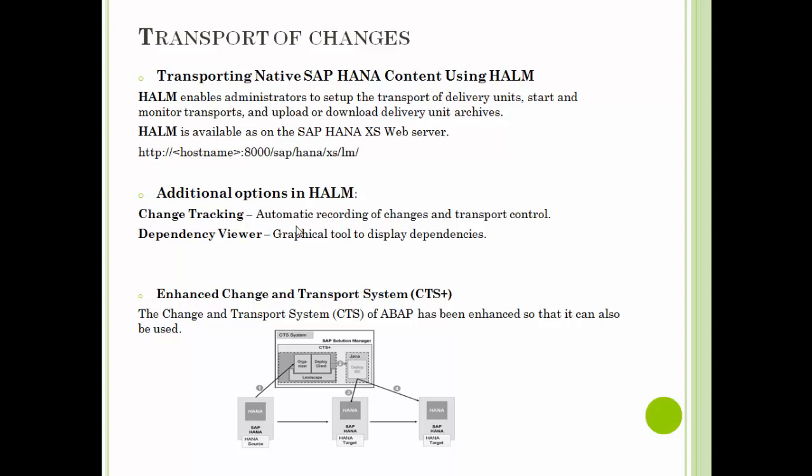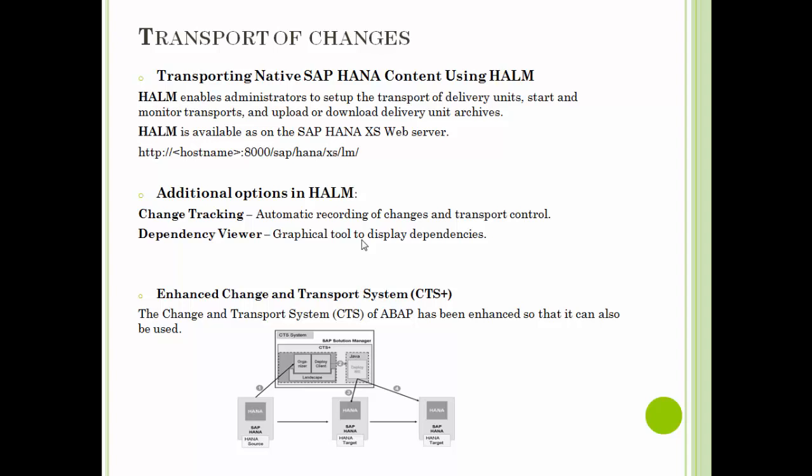And next is the dependency viewer, which is a graphical tool to display dependencies. It shows dependencies between delivery units. The graphical depiction is interactive in nature, and it can be rotated.